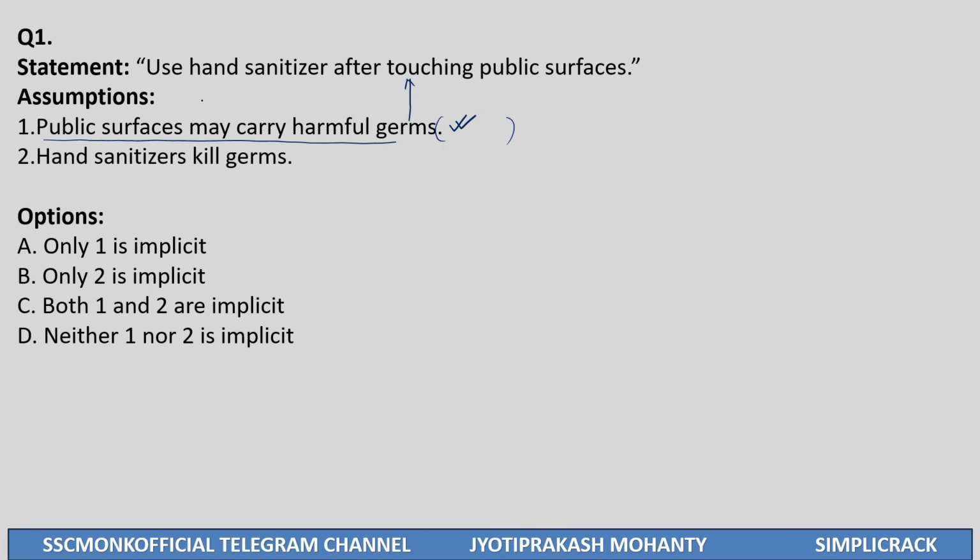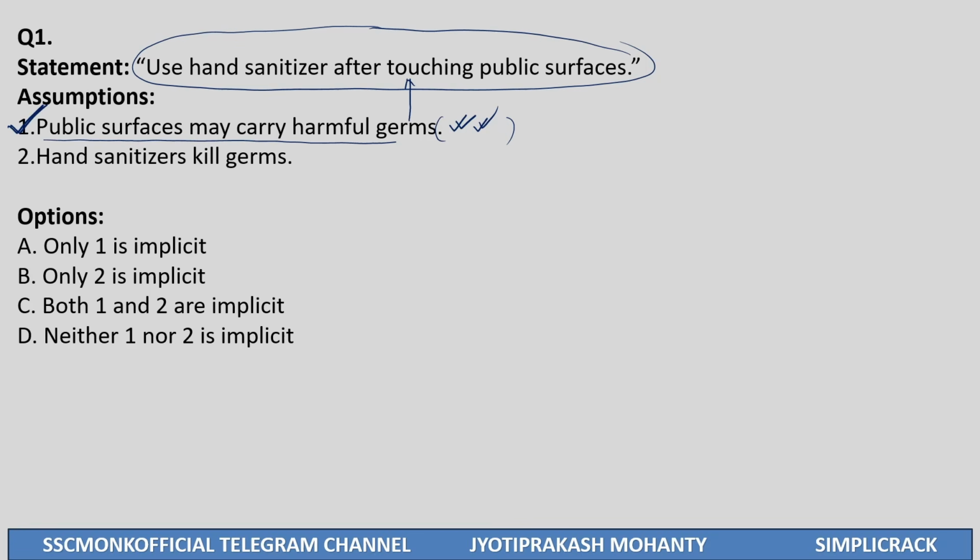And if I remove this, if I say public surfaces have no harmful germs, then what is the purpose of using hand sanitizer? Because there is no germ. So if I remove this assumption, then the statement won't hold true. That means it is also satisfying my second condition. So the first assumption is right.